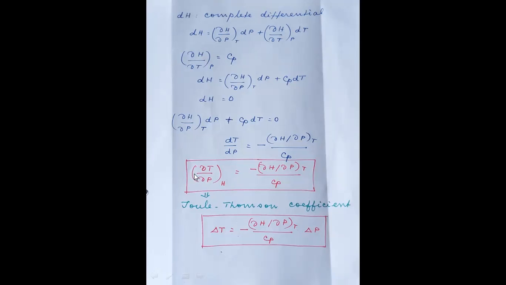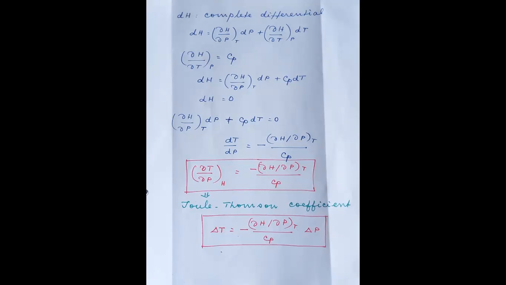This quantity is called the Joule Thomson coefficient. So (∂T/∂P) at constant H is equal to minus (∂H/∂P) at constant temperature divided by the heat capacity of the gas at constant pressure.